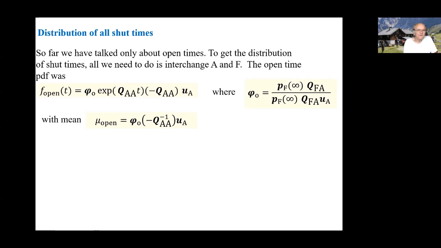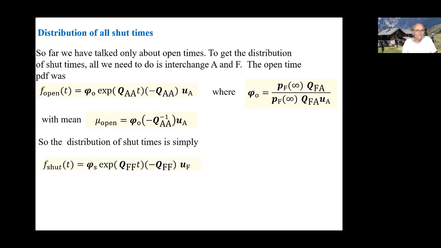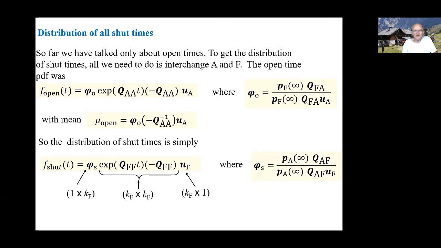So to get the shut time distribution, all we have to do is swap A for F in everything, and F for A. So rather than QAA t minus QAA, we have QFF t QFF summed over the shut states, and the initial vector has to be, as that's 1 by KF, that's KF by KF, KF by 1, so the result is 1 by 1, a scalar.